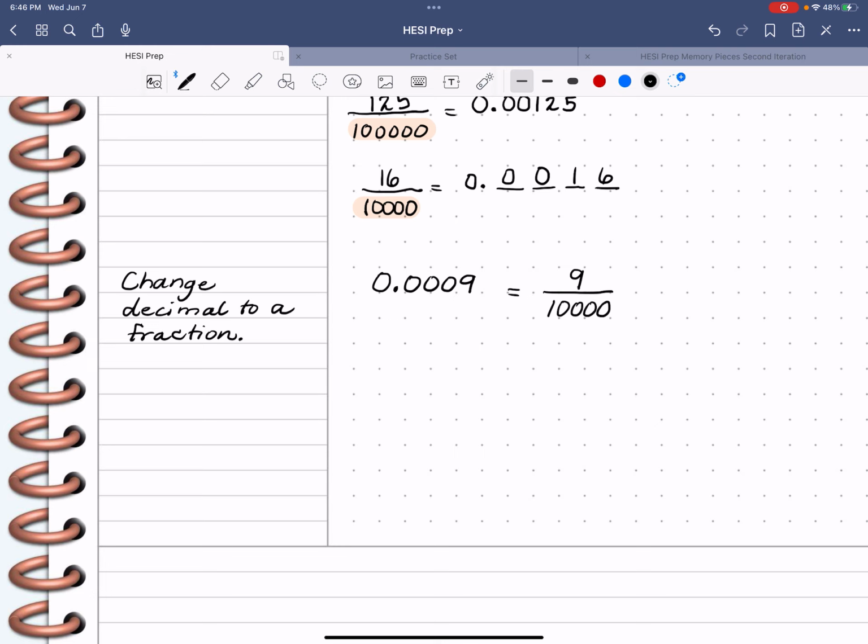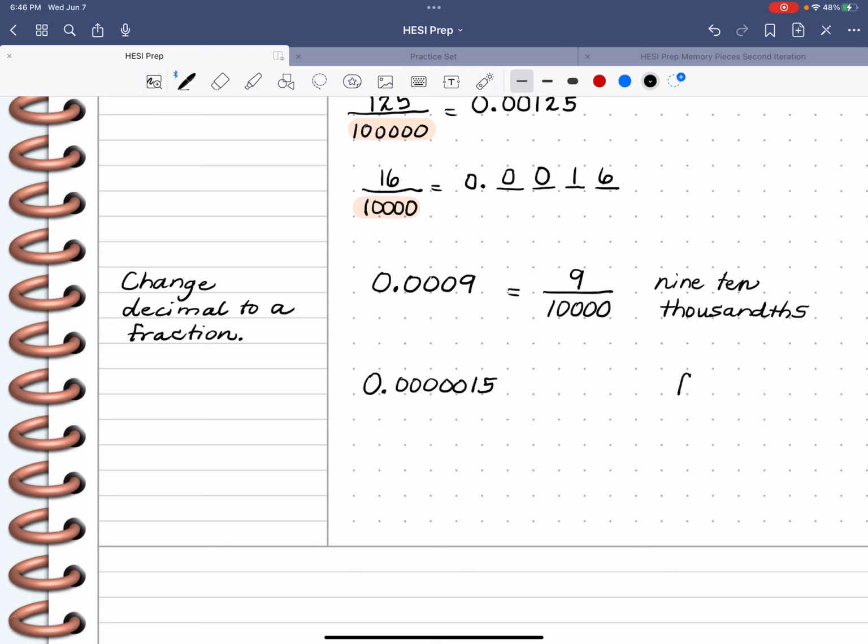9 10,000ths. Let me just write this one in words. This is actually the way I prefer to do it. So I'll show you on the next one what I would do. Okay, this one, it's a monster. We have 1, 2, 3, 4, 5 zeros and a 15.